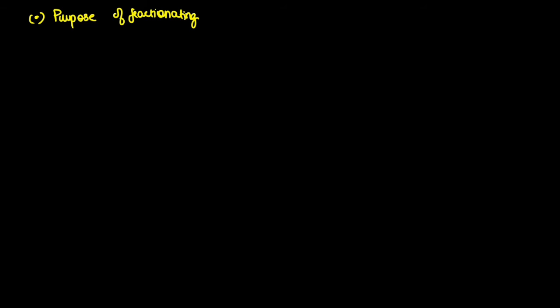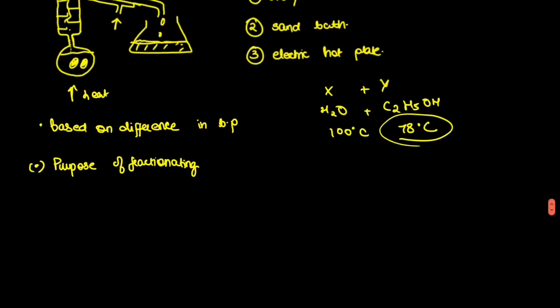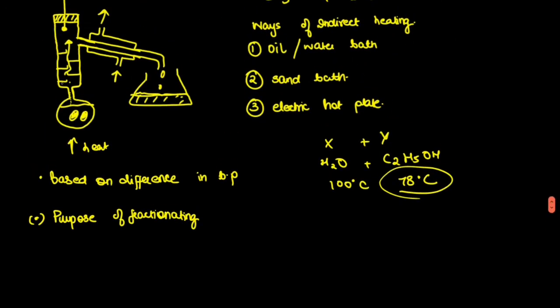And how does it do that? It allows liquids with lower boiling point to escape and condenses the liquid with higher boiling point. For example, in this apparatus, when the temperature is 78 degrees Celsius, it will only allow ethanol vapors to escape. However, it will condense back the water vapors.